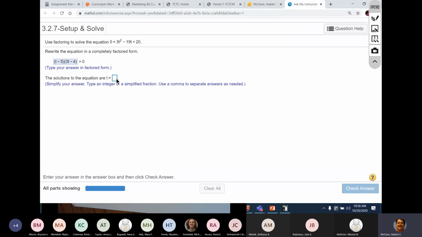And the solutions, well, T minus 5 is equal to 0, that's a 5. And 3T minus 4 gives 4/3. And 4/3 comes first because we read from left to right.